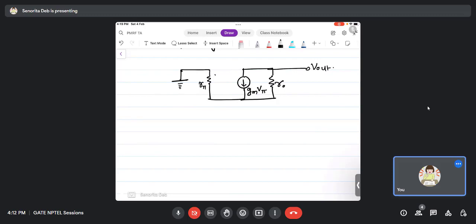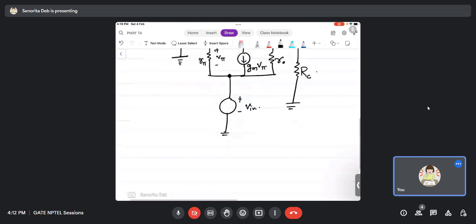This is r pi with plus minus V pi, and here in the emitter terminal you have the input. So this is basically the small signal model, and if there is a collector resistance present, then RC. Now here if you apply KVL, KCL, whatever you want to do, if you solve this circuit, you will get Vout upon Vin as Gm RC.